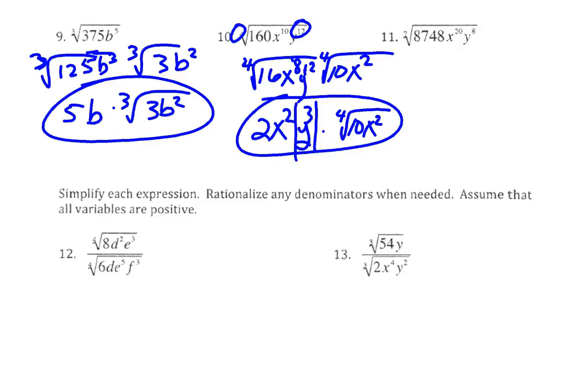11. Seventh root of 8748. I'm looking at my seventh power sheet. I don't see 8748 on there. So either 2187 or 128 has got to go in there. If I do 8748 divided by 2187, I get 4.